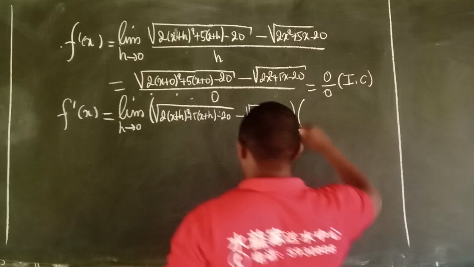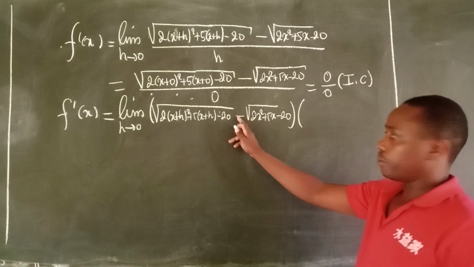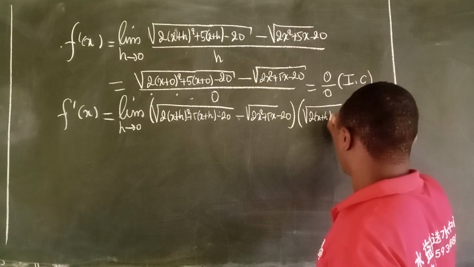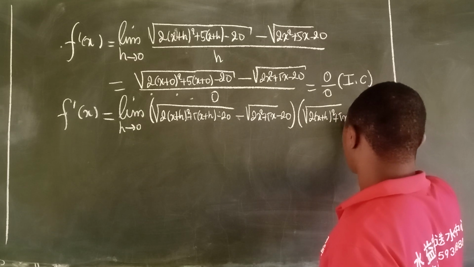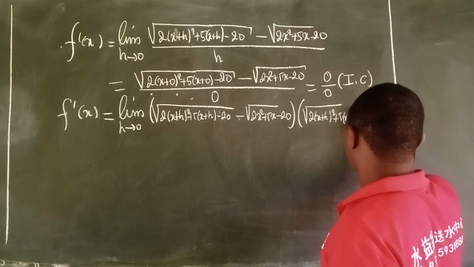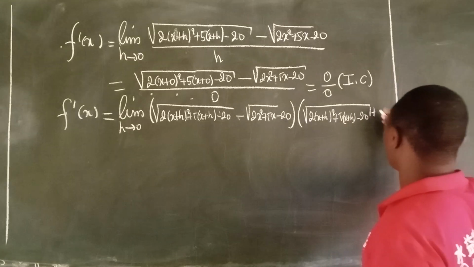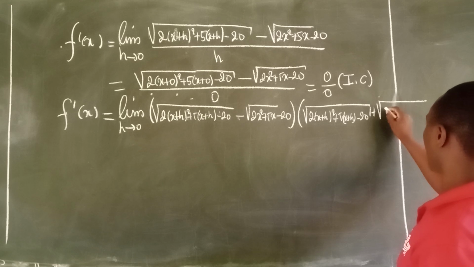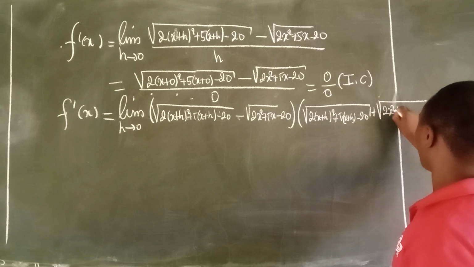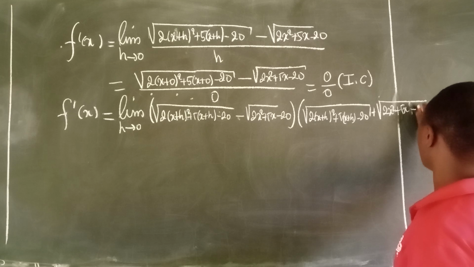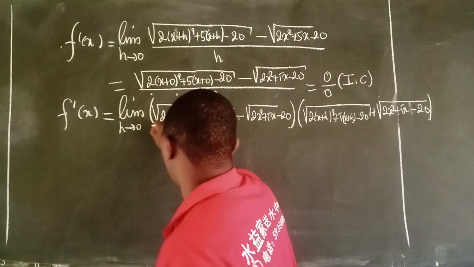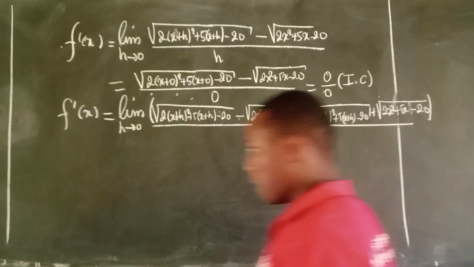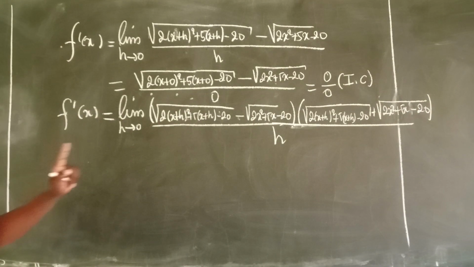Then multiply this with positive the square root of 2 into (x plus h) squared plus 5(x plus h) minus 20, then positive the square root of 2x squared plus 5x minus 20, over h. Remember, our h is very, very small.